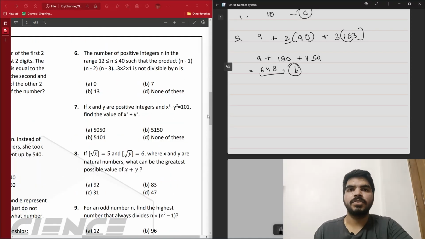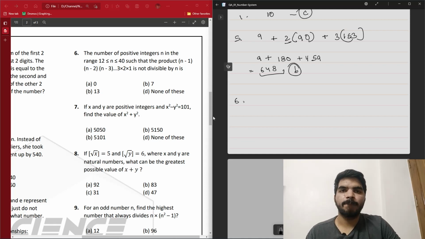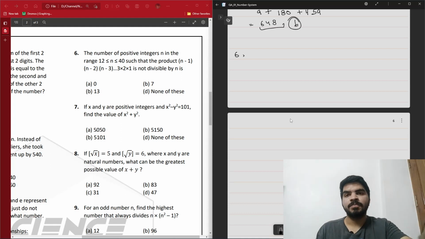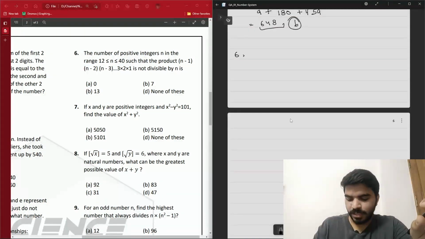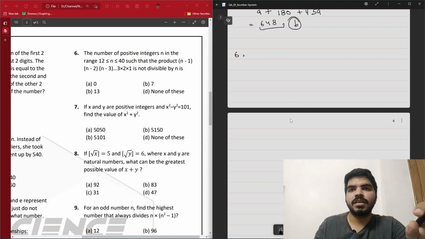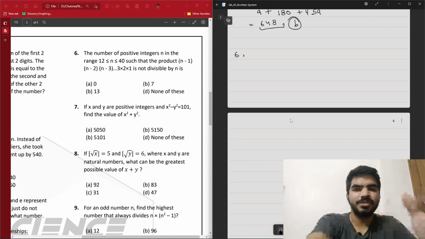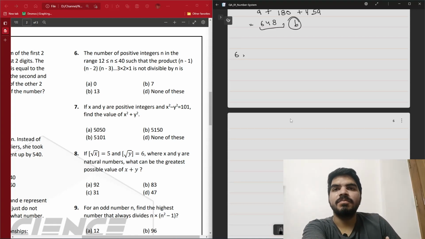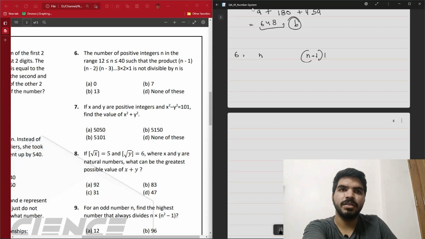For the sixth question, this requires logic. Tell me, how do you identify that a certain number, between 12 and 40, is such that n minus 1 factorial divided by n shouldn't be a whole number?